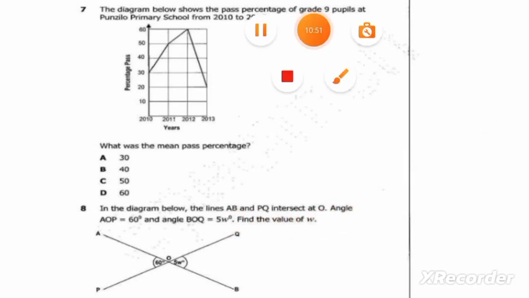So we need to understand that opposite angles are equal. Okay. So we are going to use two properties to answer this question. So opposite angles are equal. So we are going to say 5W degrees is equal to 60 degrees.